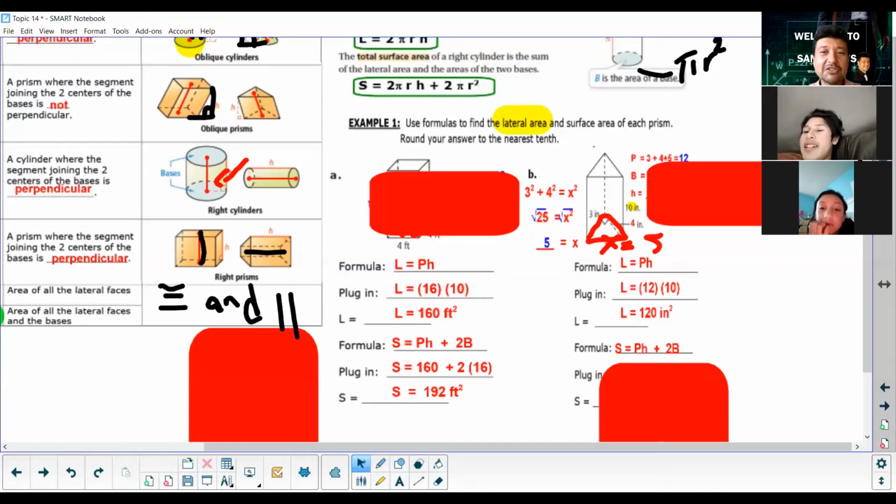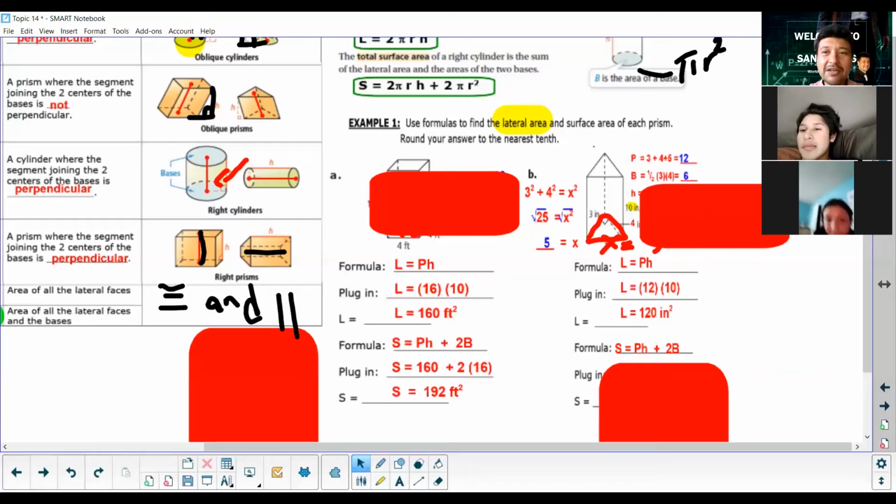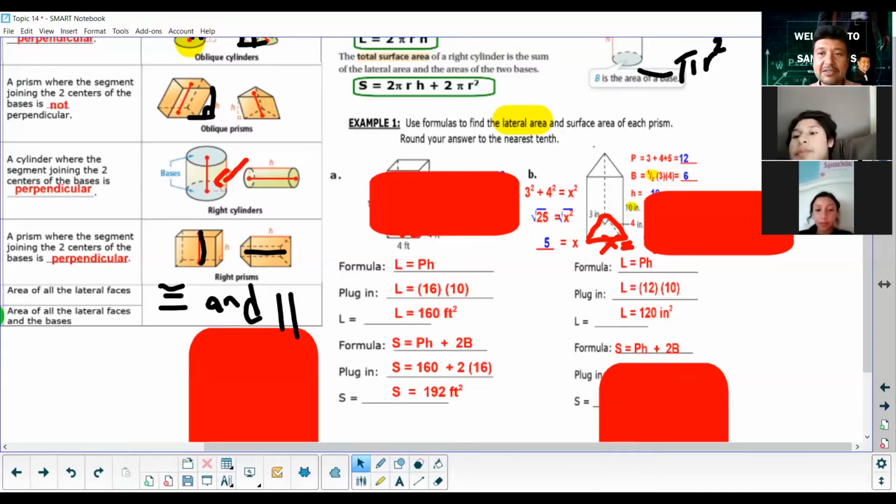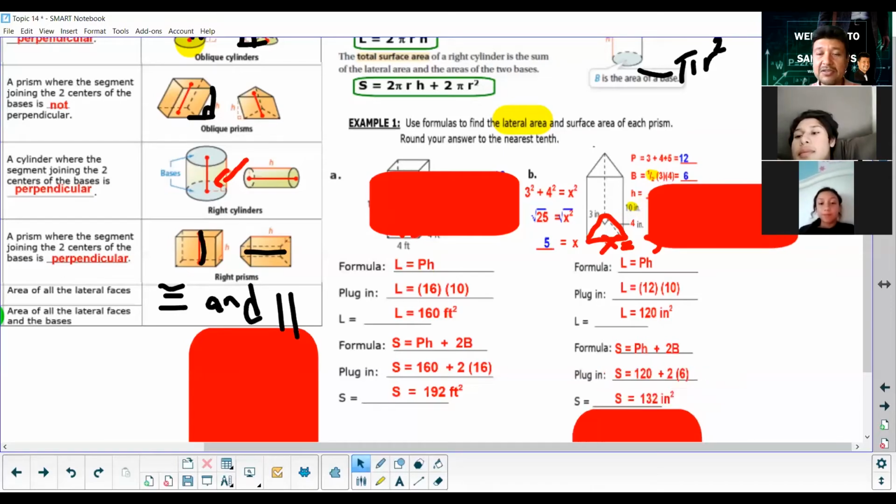Well, remember, this is a triangle, right? So this is where it becomes important that you use the right formula for the bases. Because being a triangle, you're also going to apply the half. Yeah, you're going to apply the half. So in this case, you'll get 6. So we're going to have 2 6s, so it'll be 2 times 6. So we'll get 132.